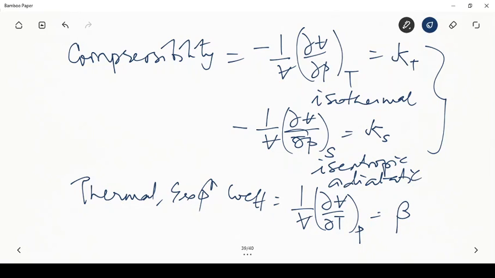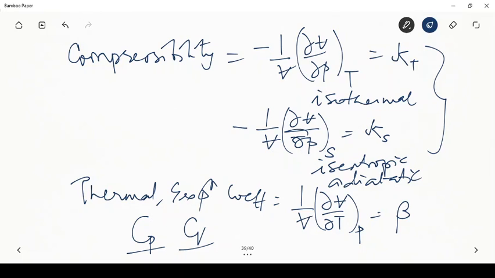In addition to these, we have the specific heats Cp and Cv, at constant pressure and constant volume respectively, which basically are defined in terms of the specific internal energy and specific enthalpy, that is internal energy per unit mass or enthalpy per unit mass, when they are changing with temperature.